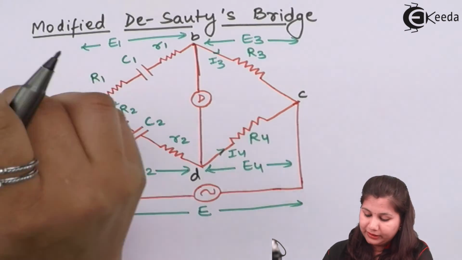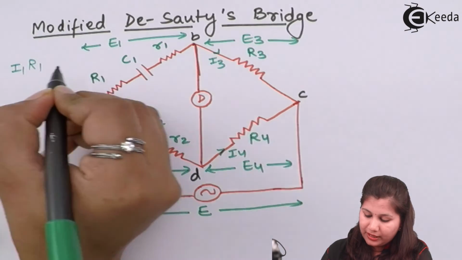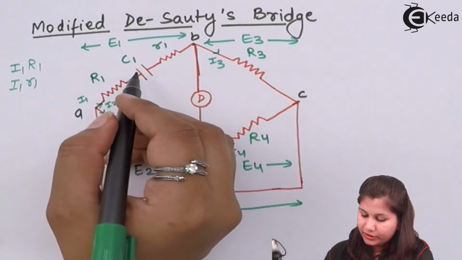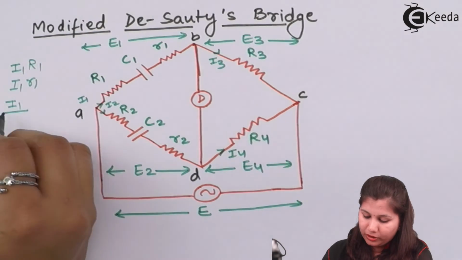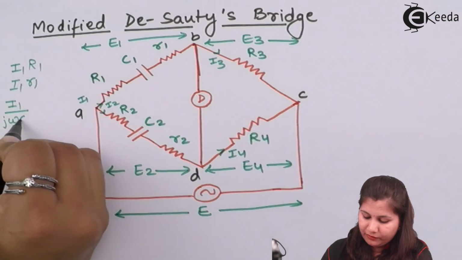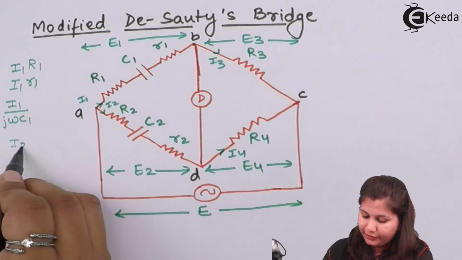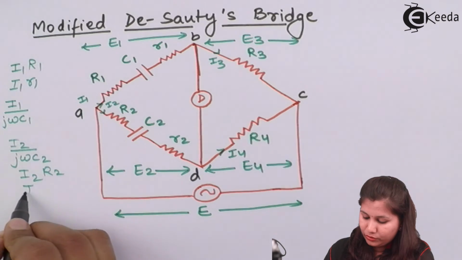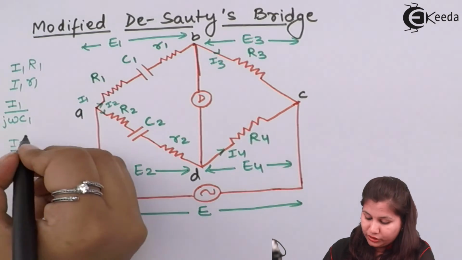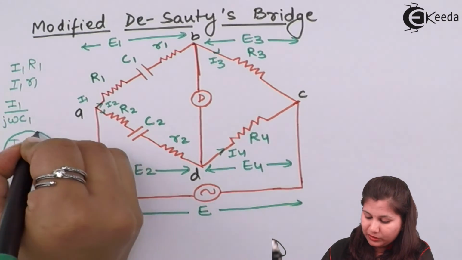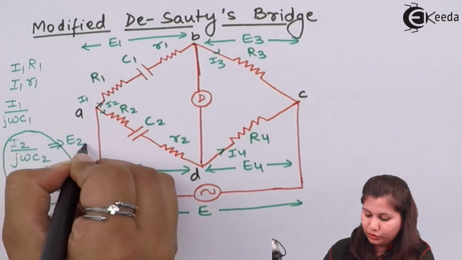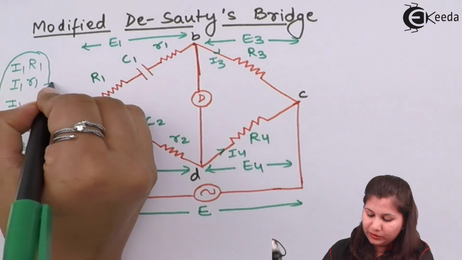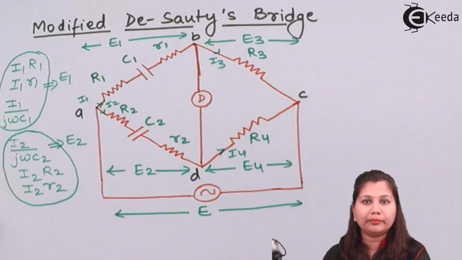So across capital R1 we will be having I1 R1, and across this we will be having I1 small r1. Okay, and across this capacitor we will have I1 upon j omega C1, and across this we will have I2 upon j omega C2, I2 R2, I2 small r2. So if we sum up, this will be equal to the total voltage drop E2, and the sum of these will be equal to the voltage drop E1.